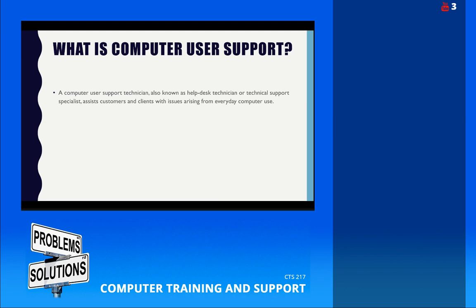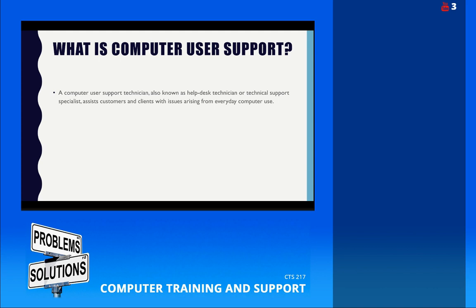But the idea is that they essentially all do the same thing, and that's assist customers and clients with issues arising from everyday computer use. The key here being the everyday computer use. The fact that it's everyday computer use means that you're on the front lines. Since you're on the front lines, you're the first point of contact for most of these people, and you're the one that's going to be experiencing their frustration. You're the one that's going to get the brunt of some negative stuff sometimes, but you're also the one who's most likely to help them and fix their problems and make their day as well.